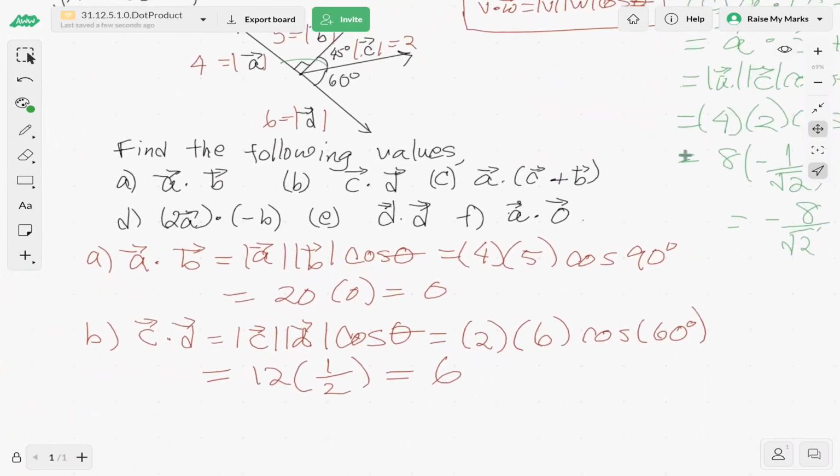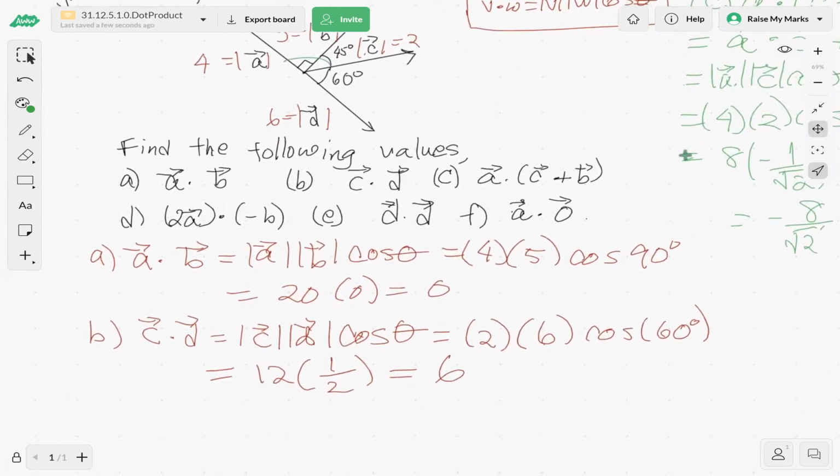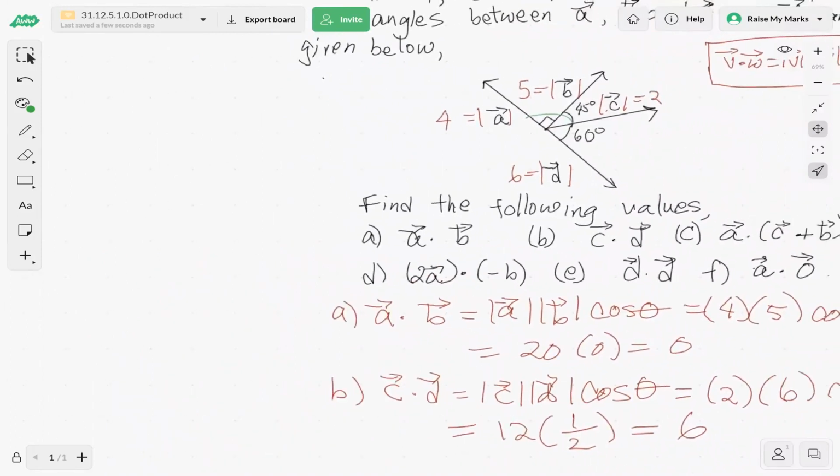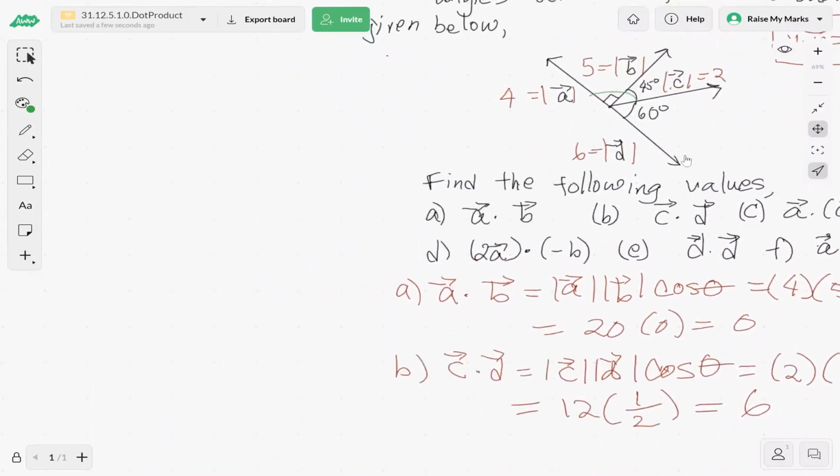All right, so now we have D. Let's scroll over to the left-hand side so we can see our diagram and our question. For D, we're looking at the dot product of 2A with negative B. Interesting. We're using properties of the dot product now.